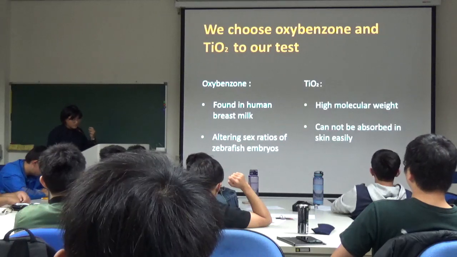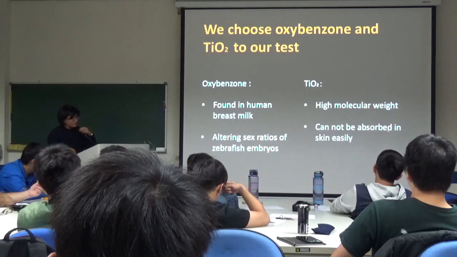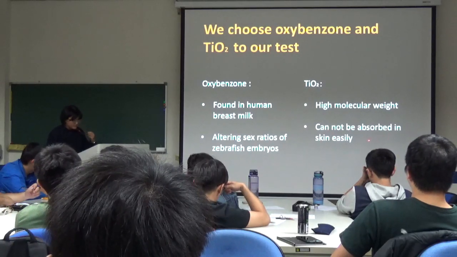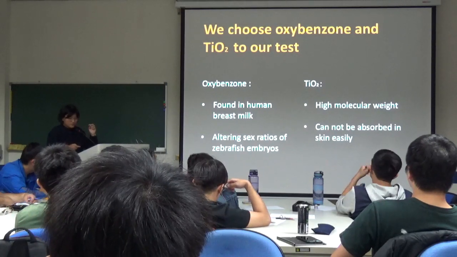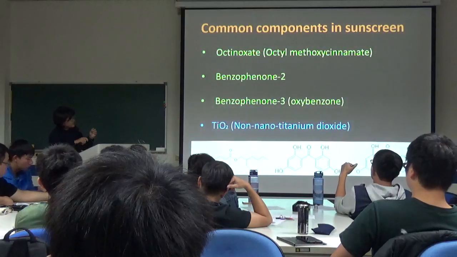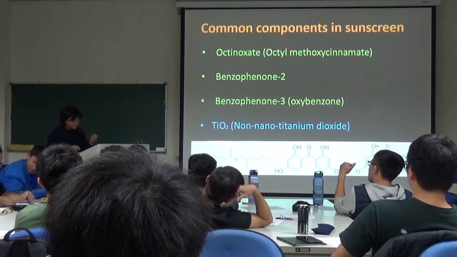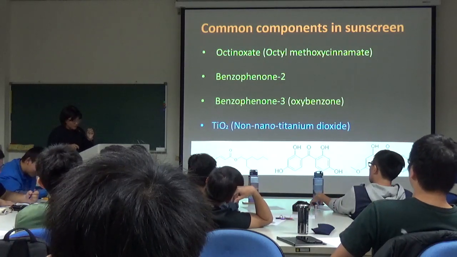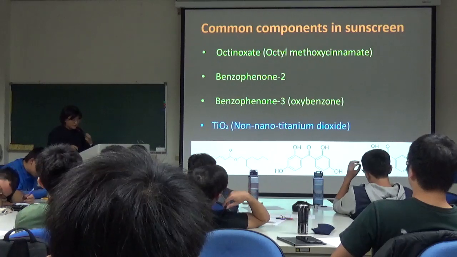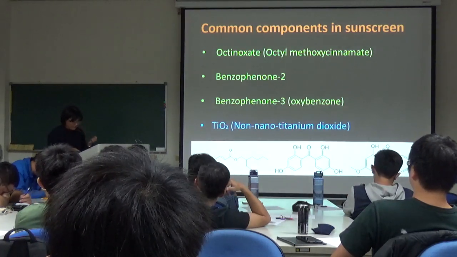And T has a high molecular weight, which means it cannot be absorbed in skin easily. And it has been found that they can cause coral bleaching and have negative effects on some fish species.